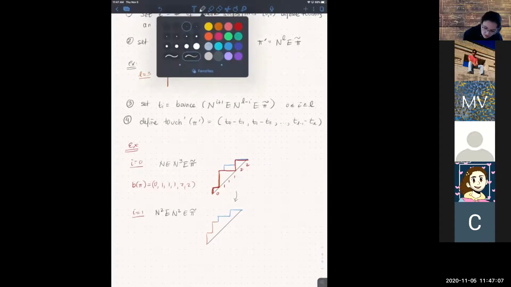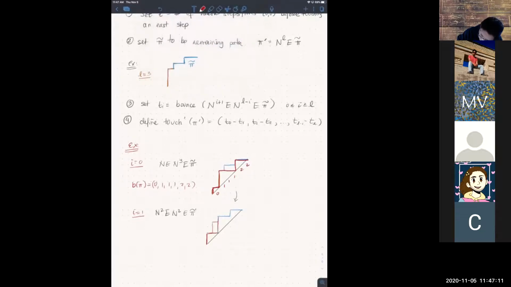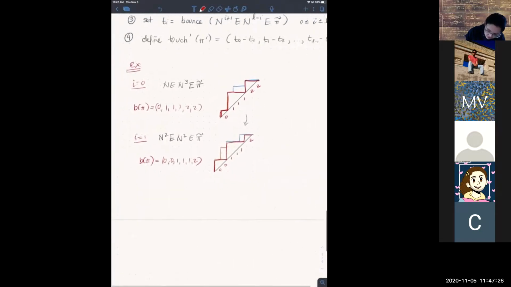Okay, so if you then do this, you do the same kind of a game. You look at the bounce path, right? And then you look, all right, well, this is going to be 0, 0, 1, 1, 1, 2. So then b of pi here is going to be 0, 0, 1, 1, 1, 2, and so on. So I'm just going to tell you what it is.